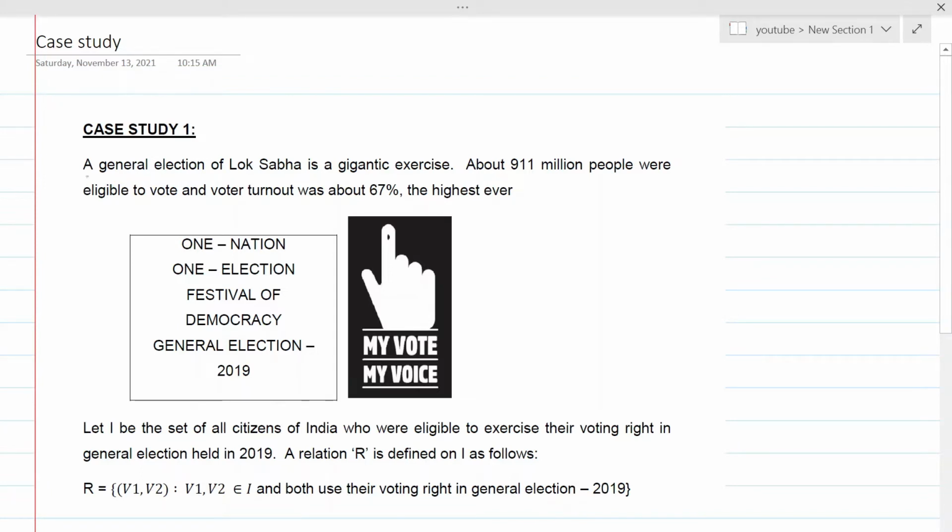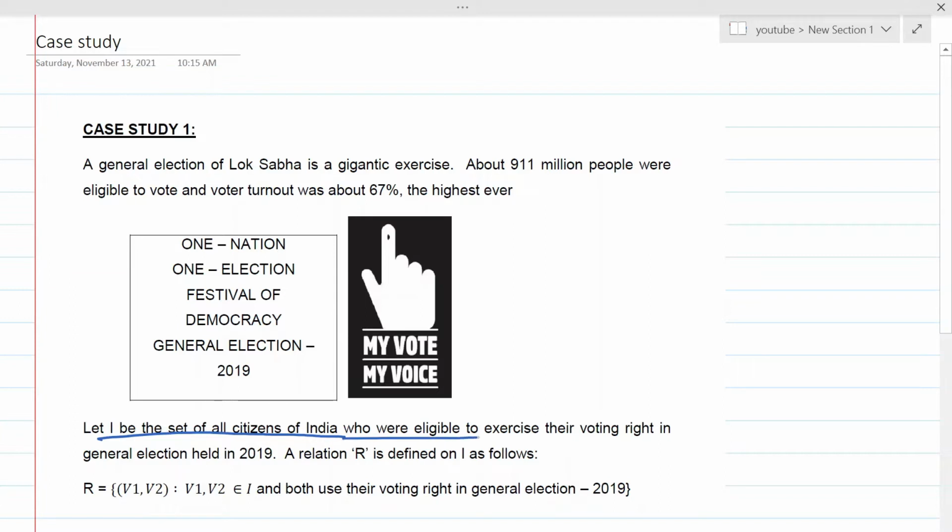The question is, a general election of Lok Sabha is a gigantic exercise. About 911 million people are eligible to vote, and the voter turnout was 67%, the highest ever. So let I be a set of all citizens of India who are eligible to exercise their voting rights.